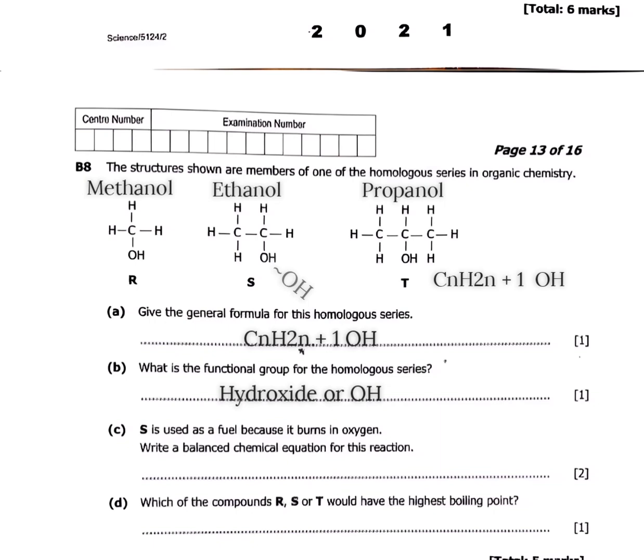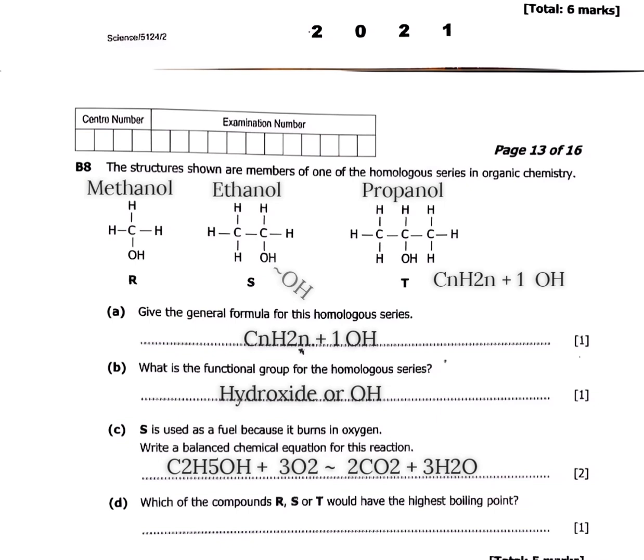So I'm going to say ethanol plus oxygen, then the products are going to be carbon dioxide and water. Whether hydrocarbons, alcohols, alkanes or carboxylic acids, if they are burned in oxygen, what is produced is carbon dioxide and water only.